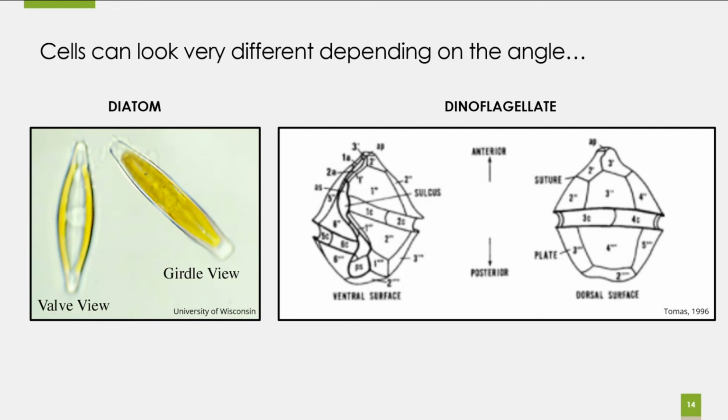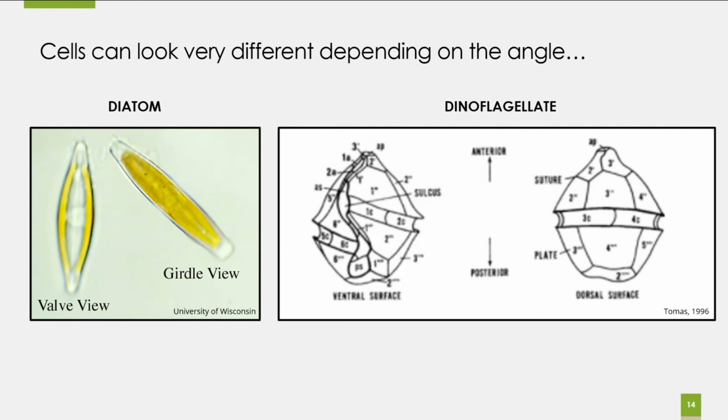A valve view is when I'm facing the front on the microscope; if I'm facing the side and you're viewing my side, that's girdle view. You could look at those and think they're two different species, because why wouldn't you upon initially looking at it? But it's just different views.